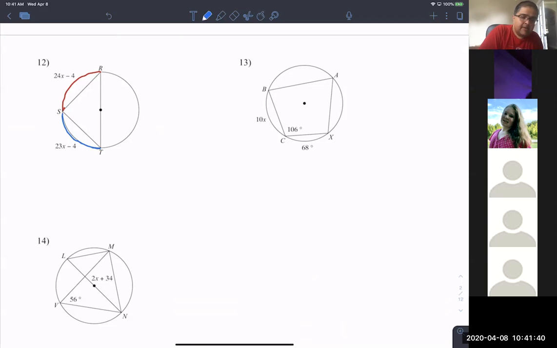Would you set both of them equal to 180? Yeah, because remember, this is a semicircle, right? And I know because it's going through the center of the circle. This is the diameter. So this arc, 24x minus 4, plus the other arc, 23x minus 4, have to equal 180.